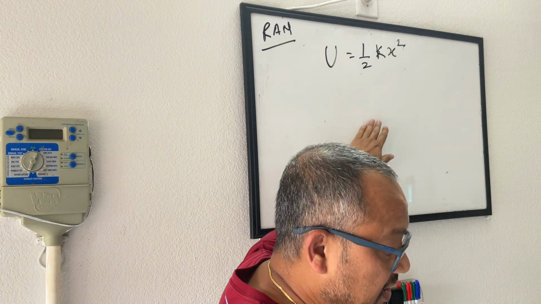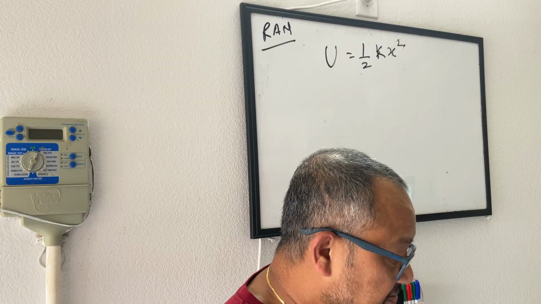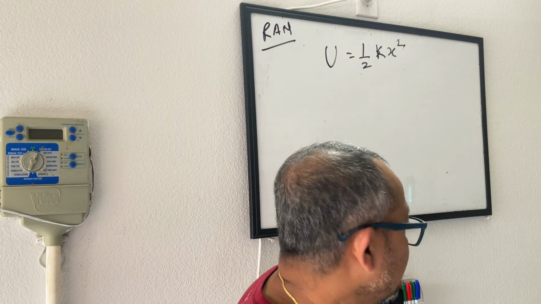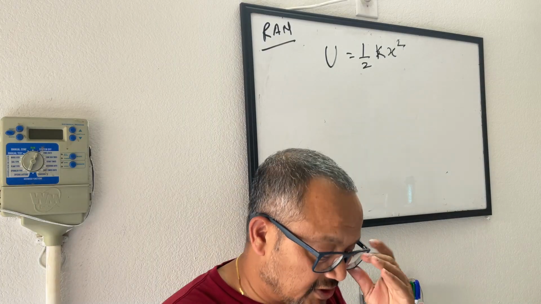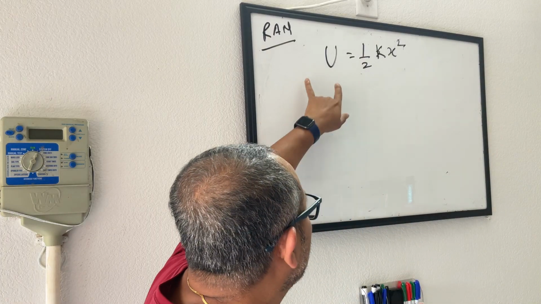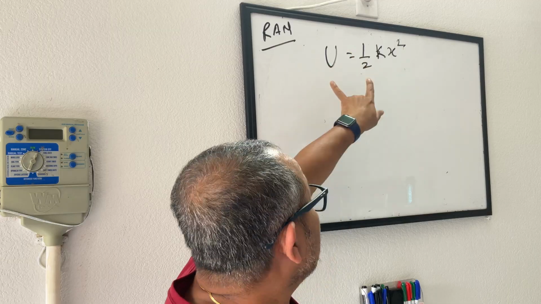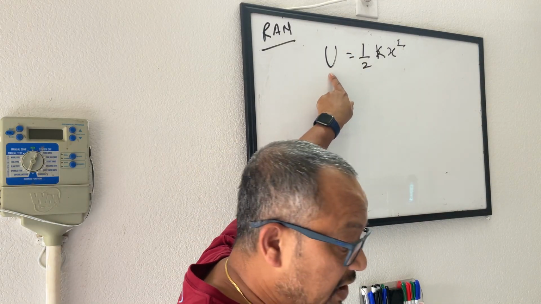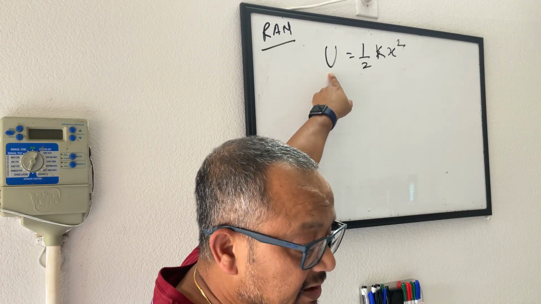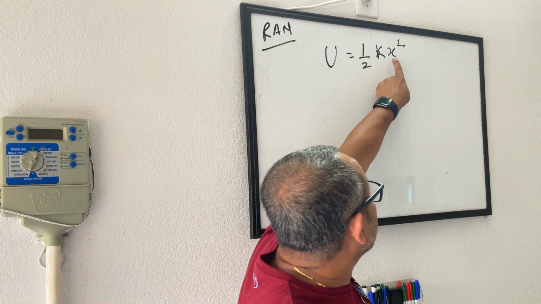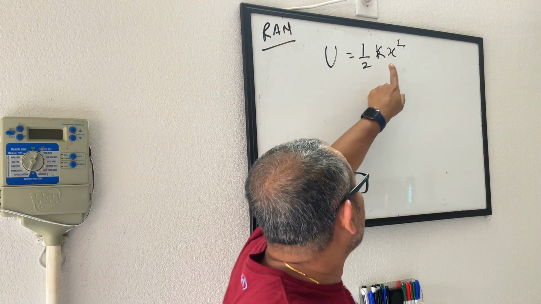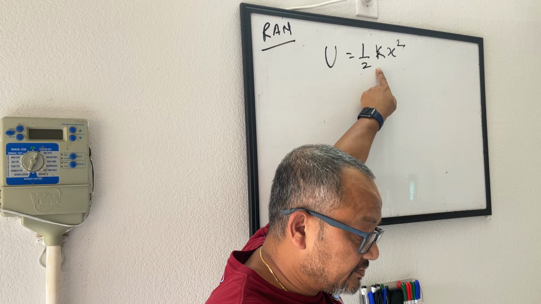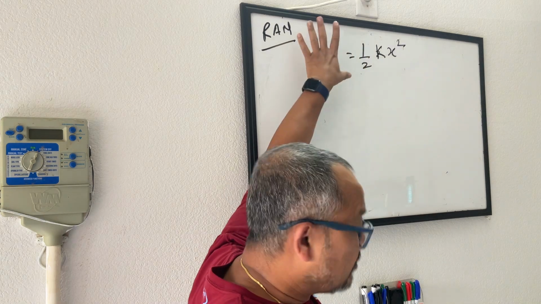As shown in the formula, which of the following correctly shows the object's absolute compression in terms of its elastic energy and spring constant? I'm reading the second part of the question. This is the equation given, U equals half kx squared. Elastic energy U is determined by its absolute compression x and spring constant k of the object, as shown in this formula.